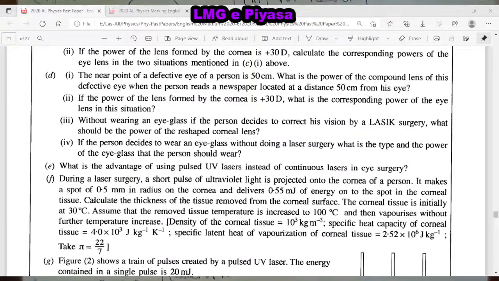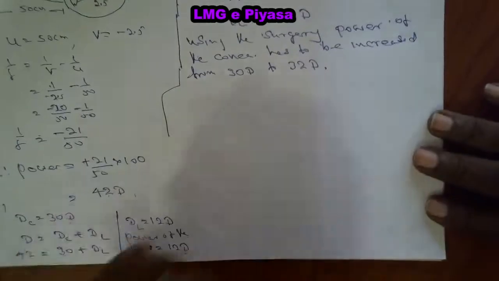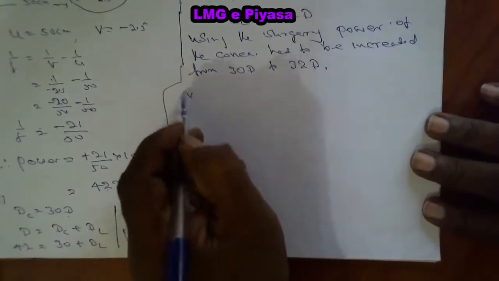The person decides to wear an eyeglass without doing a laser surgery. What is the type and the power of the eyeglass that the person should wear? Then part 4.